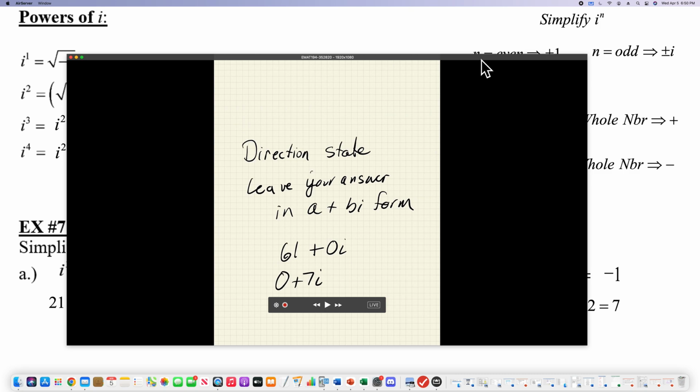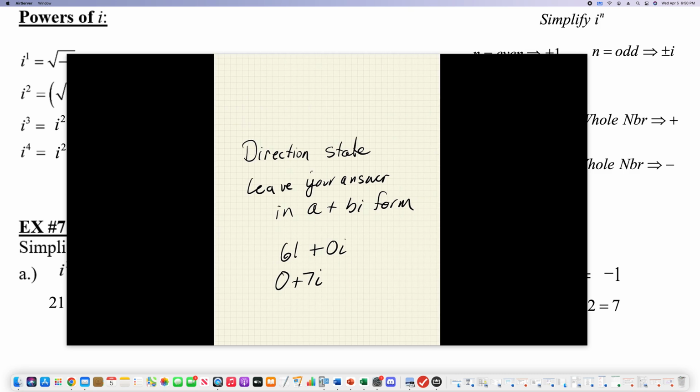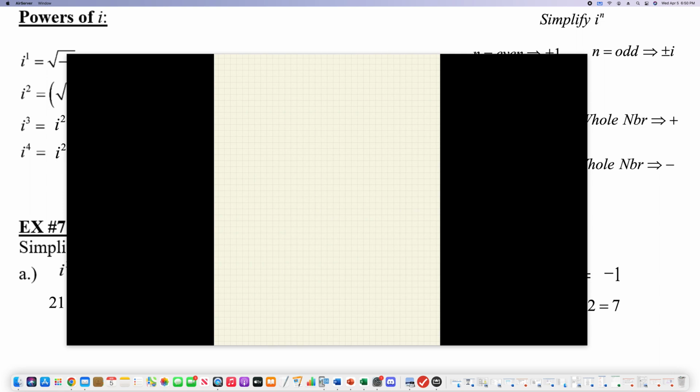So, add this to this example. i to the negative 14th is the same as 1 over i to the 14th power. So it doesn't matter if it's in the denominator. Okay, 1 over 1, because it's even. 14 divided by 2, 7. Okay, makes this negative. 1 divided by negative 1, negative 1.